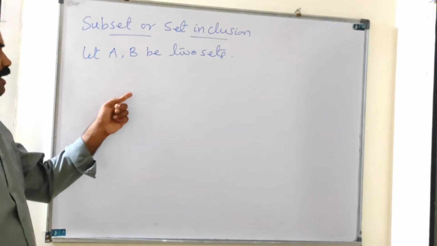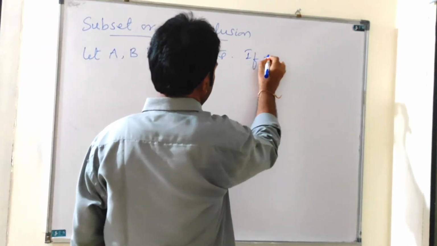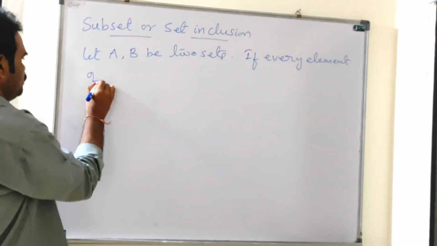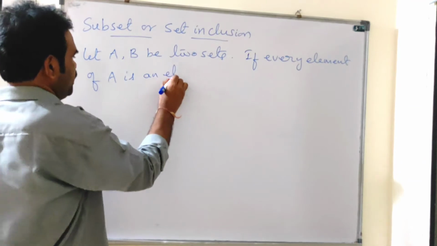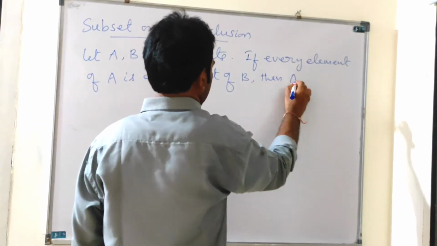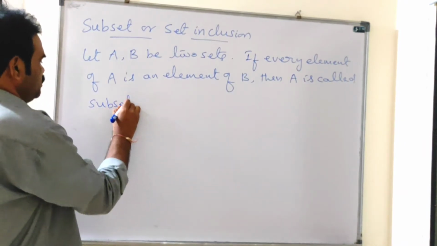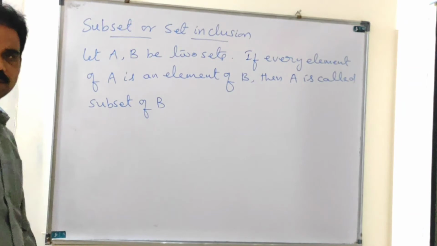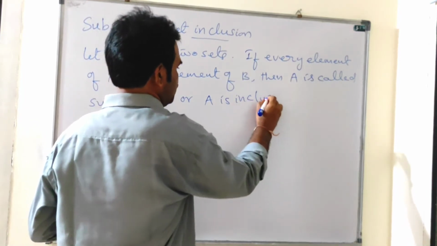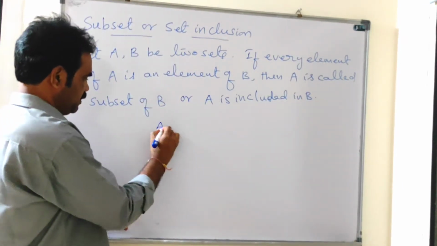If every element of A is an element of B, then A is called a subset of B, or A is included in B. We denote this by the subset symbol.